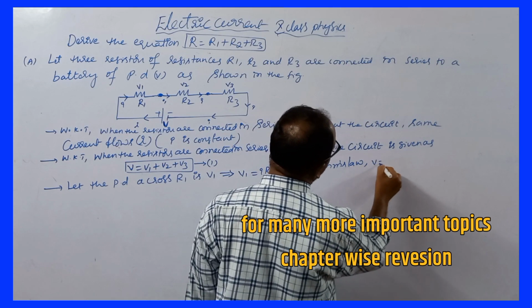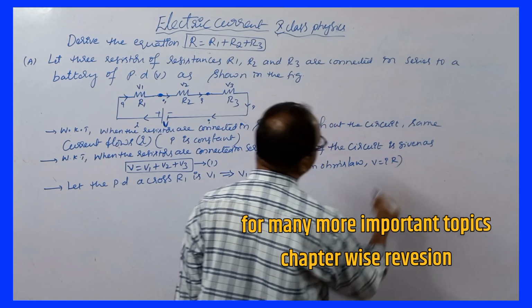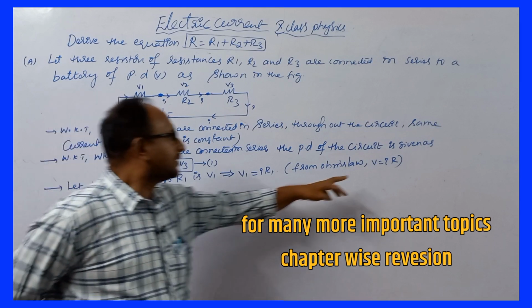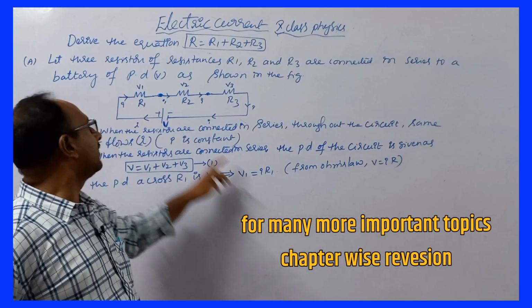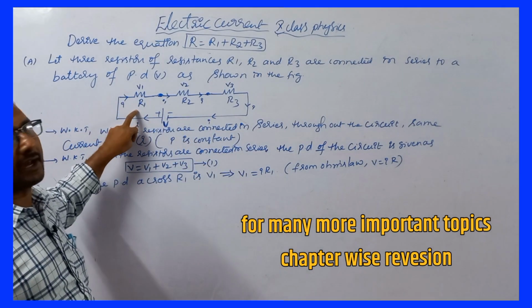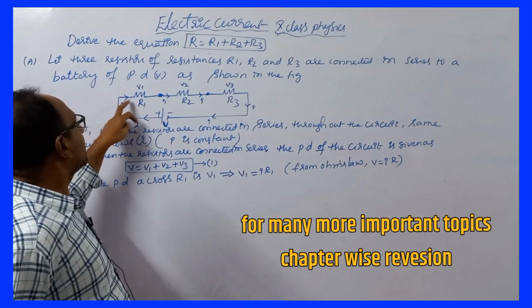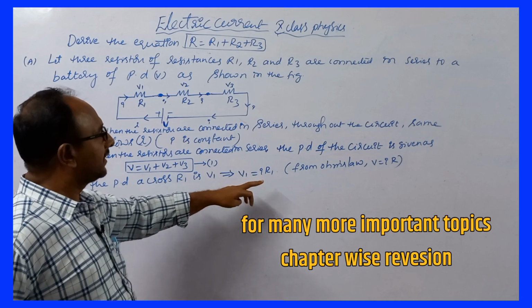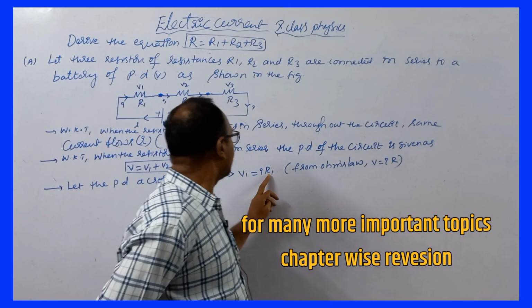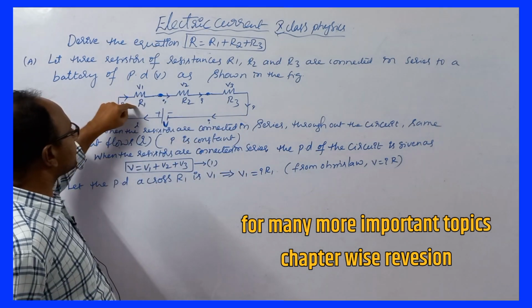We know Ohm's law: V is equal to IR. So V means here V1, the potential difference at R1. The current through R1 is I, and R means R1, the first resistor's resistance.